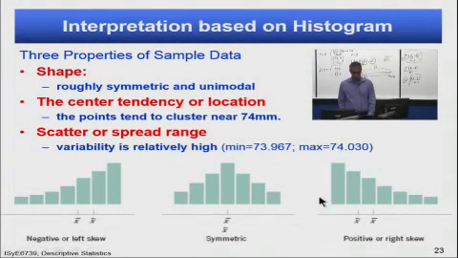So this is related to shape. As you can see, this is symmetric. And when you have symmetric, this is a very, very interesting property. If you have completely symmetric data, then your x bar and x tilde, or sample mean and median, are exactly the same thing.